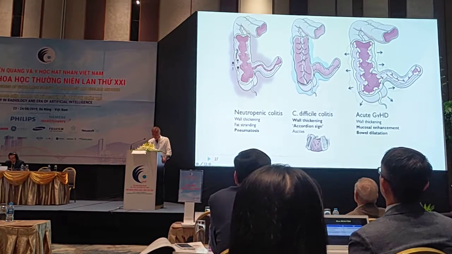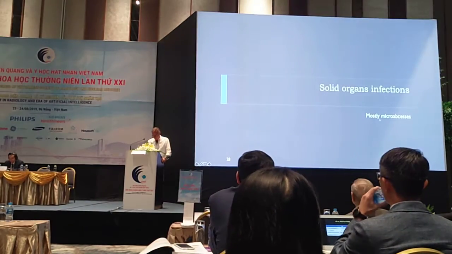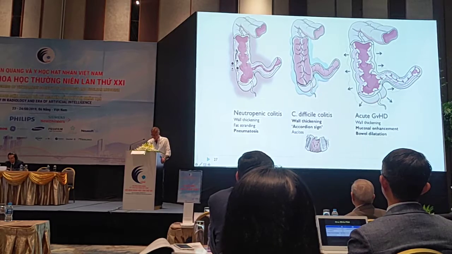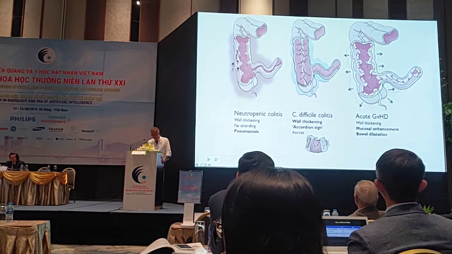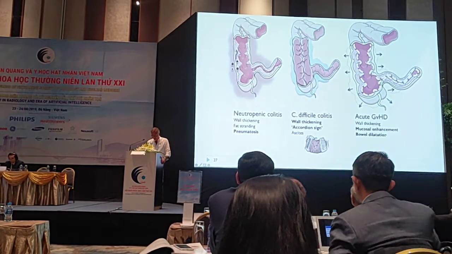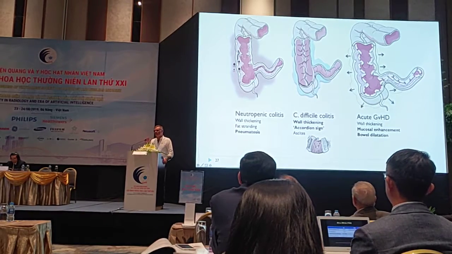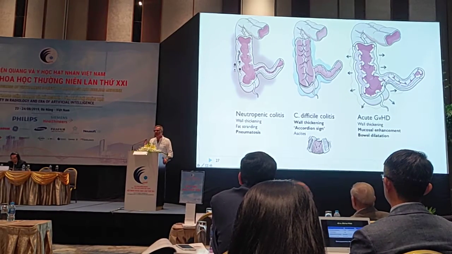And acute graft versus host disease affects mostly the small bowel, but it can also extend to the large bowel, with a marked mucosal enhancement and a stiff pattern of the bowel.